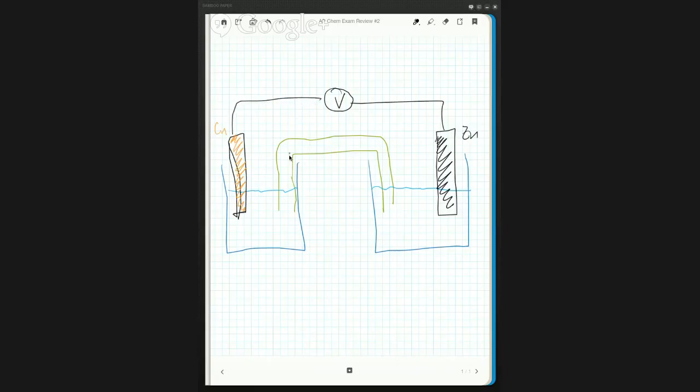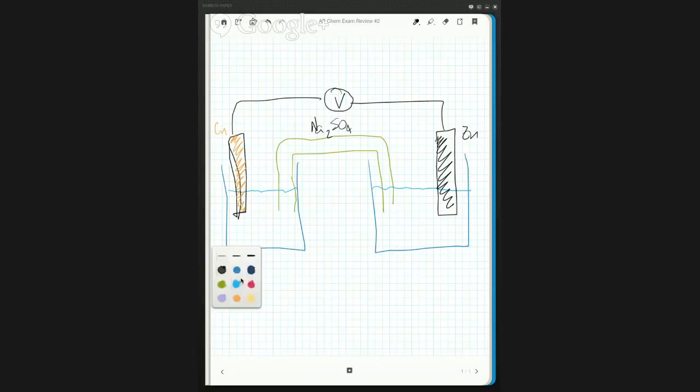With the salt bridge, it doesn't really matter too much. Let's pick something like sodium sulfate. You probably wouldn't be able to know these; I'd have to give you a chart.